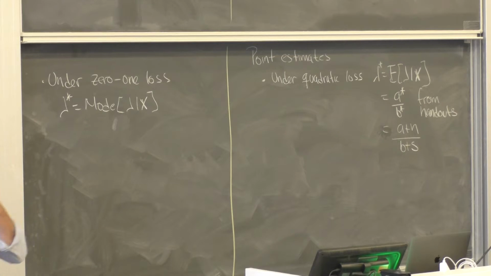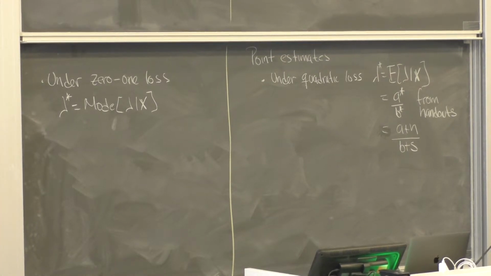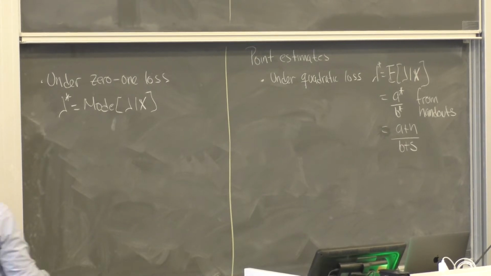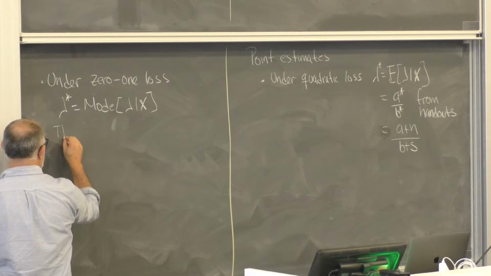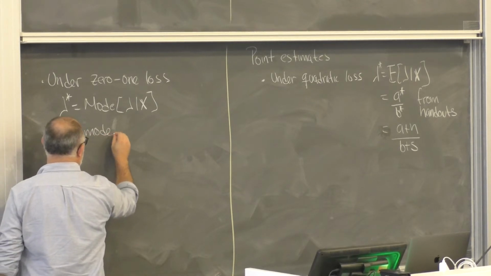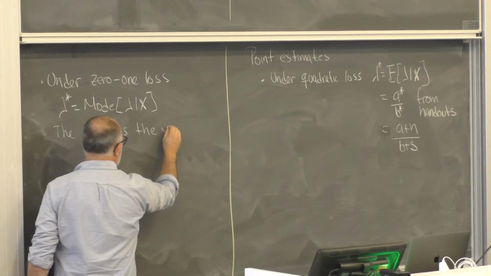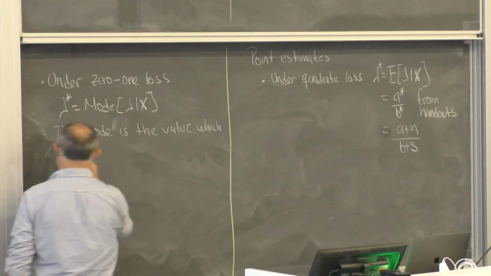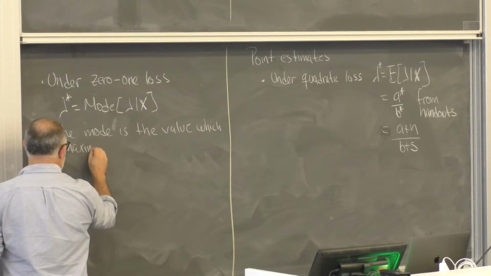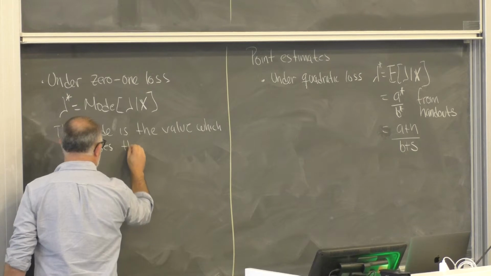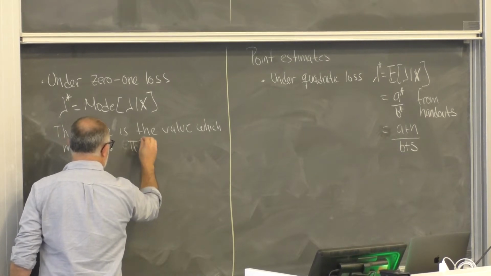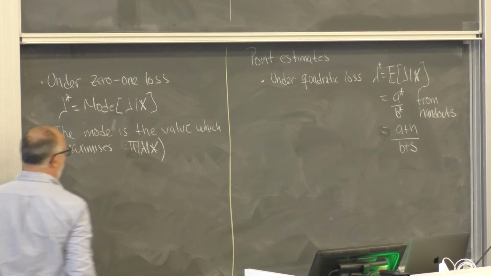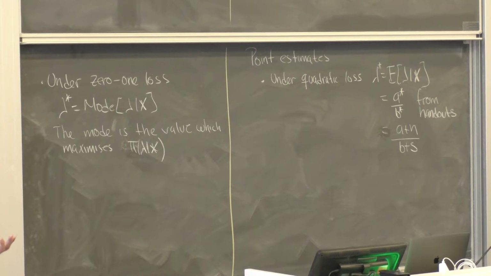On the 0-1 loss, I would need to calculate the mode of the distribution, right? And that is not in the handouts. So the mode is the value that maximizes the relevant distribution.